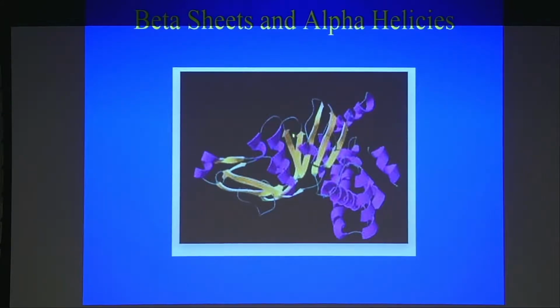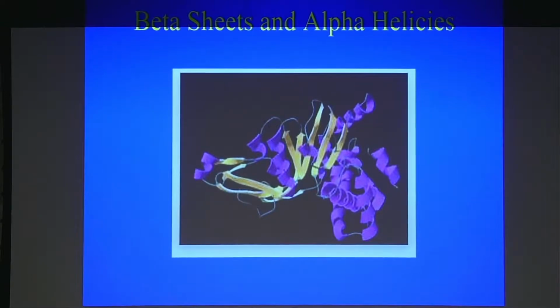Then there'll be other regions in here that are beta pleated sheet or beta strands, some of which are running parallel, some of which are running anti-parallel. That begins to demonstrate the three-dimensional shape of the protein. But we can't get a full meaning of the three-dimensional shape of the protein until we invoke the R groups. It's the R groups and their interaction with one another and the interaction with water which will determine the three-dimensional shape of the protein.